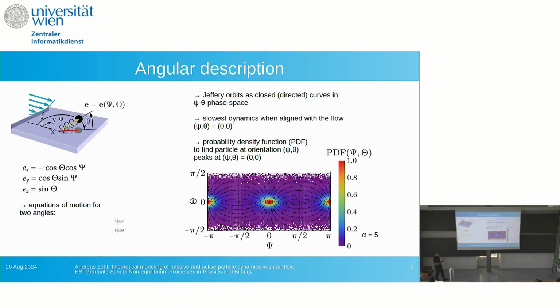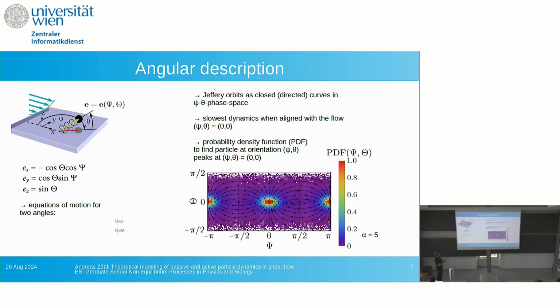And the thing is, why it's nice to write it in these angles, is that you can often very easily draw trajectories in this psi-theta phase space. This is just a unit sphere, of course, but you can draw it on a map.